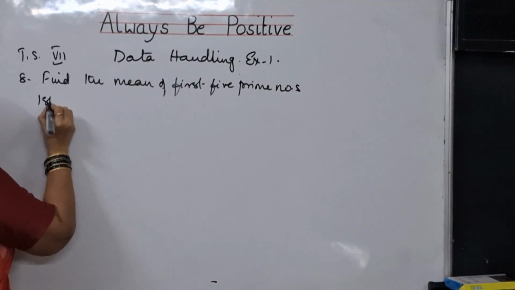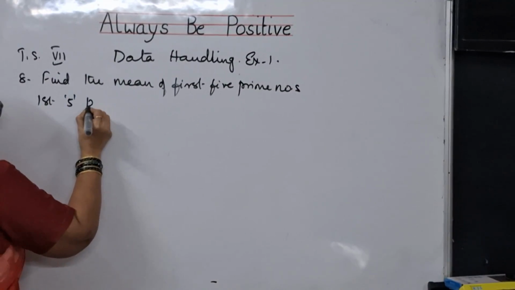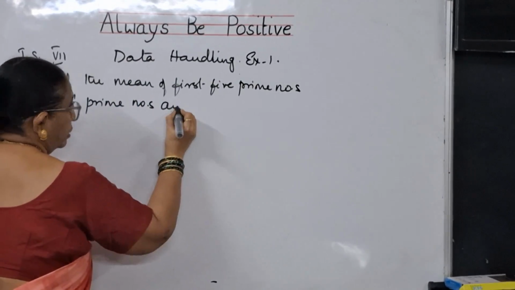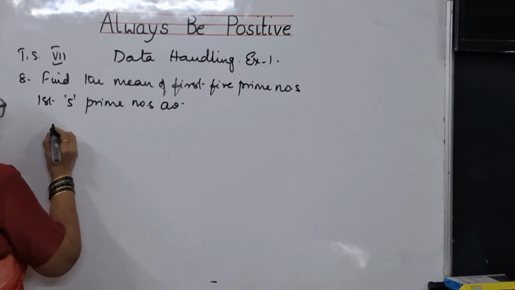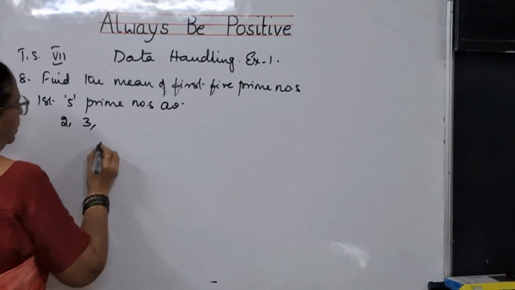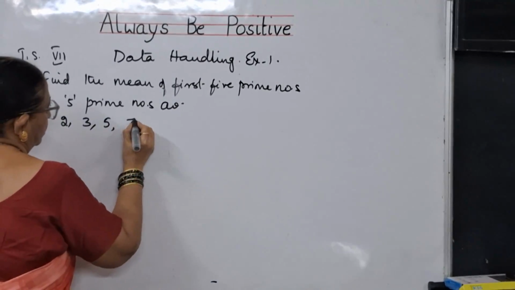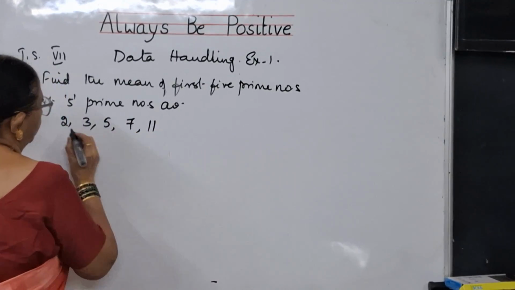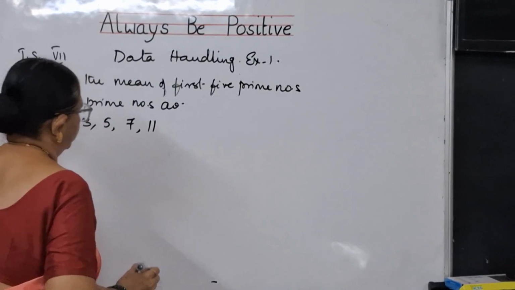So first 5 prime numbers are, what are they? First prime number 2, next 3, next 5, next 7, after 7, 11. 1, 2, 3, 4, 5.